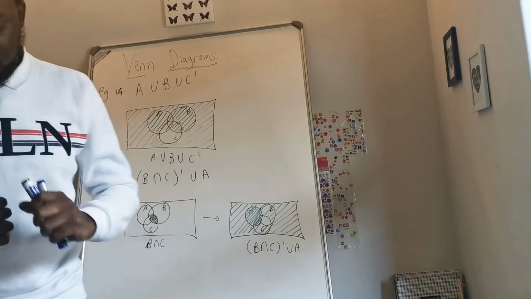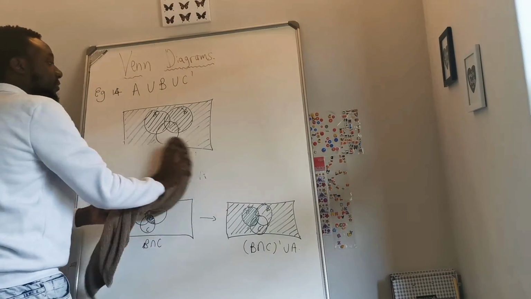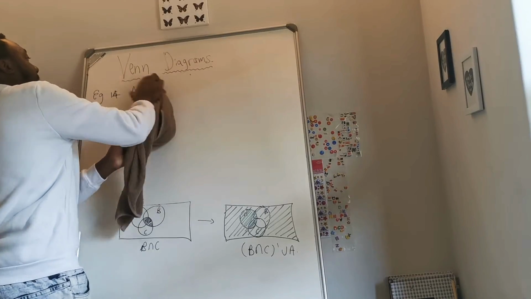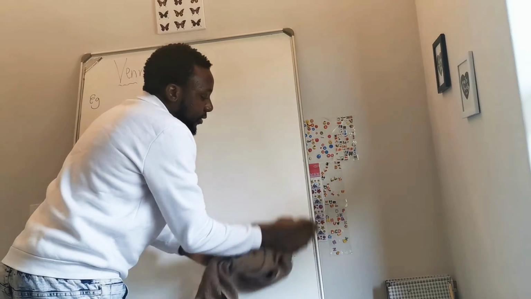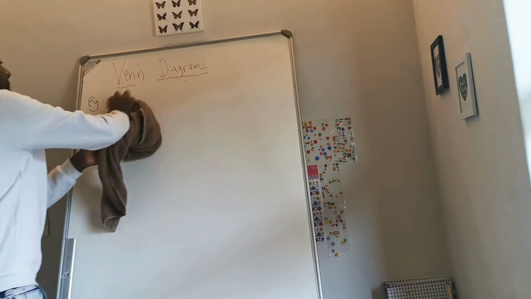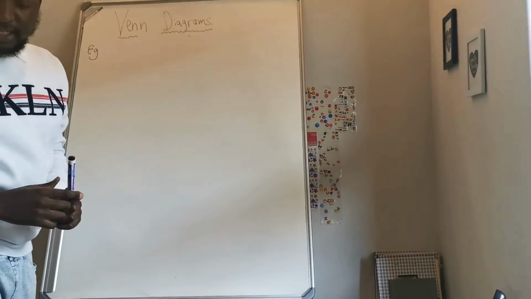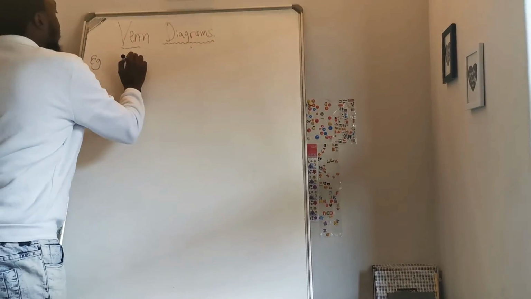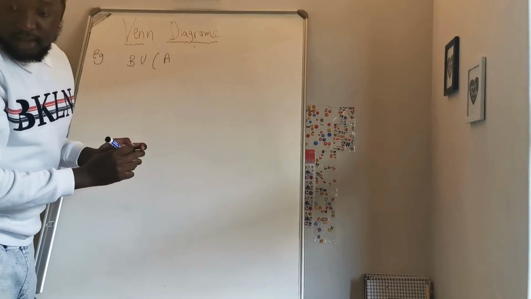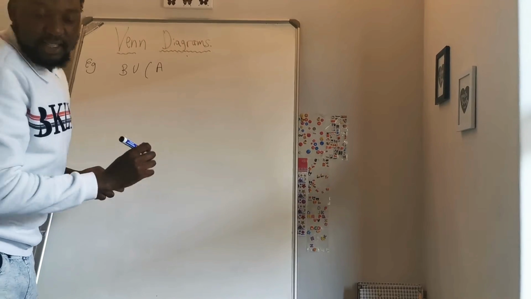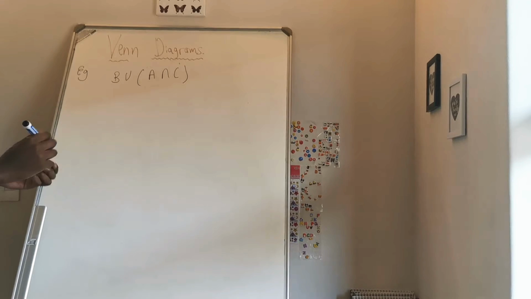Let's do example 18. Let me just erase this. What does 18 want from us? 18 asks for B union with A intersecting C. So this is what 18 asks us.